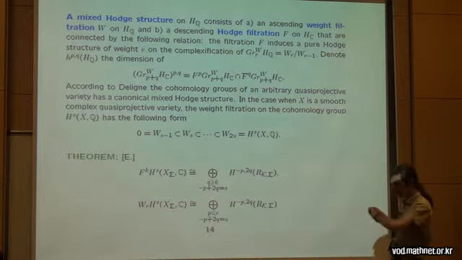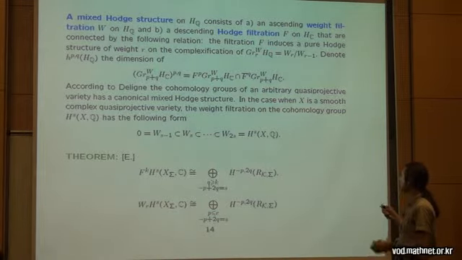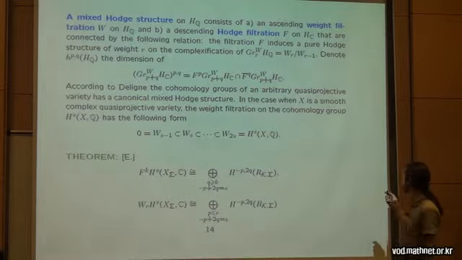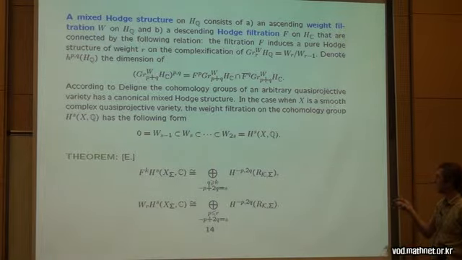And a mixed Hodge structure consists of two things. The first is the weight filtration, and the second is the Hodge filtration. I actually will use a weight filtration over the complexification of the space.